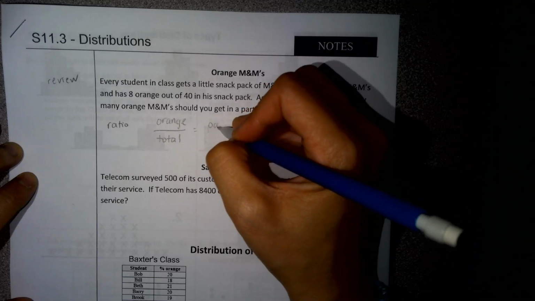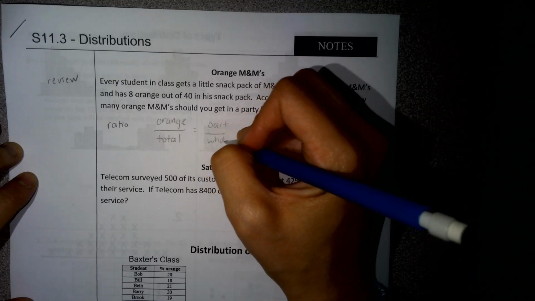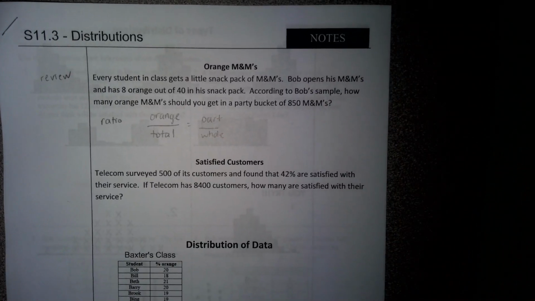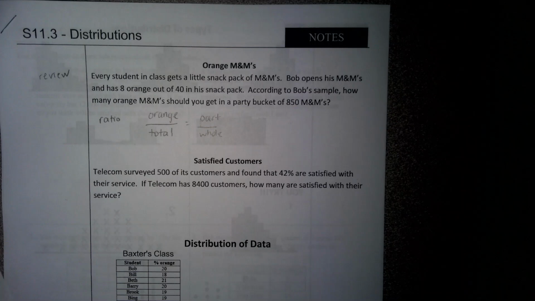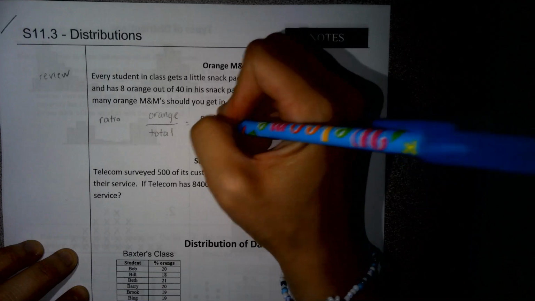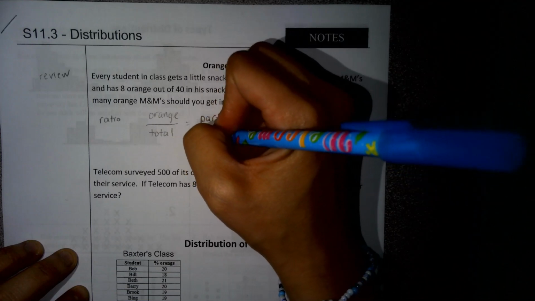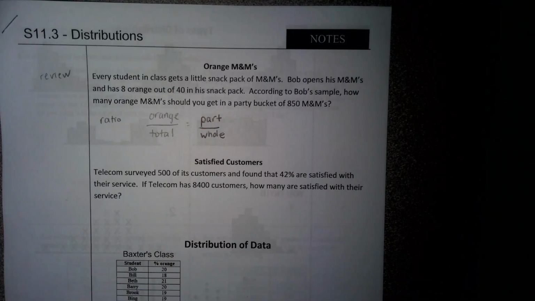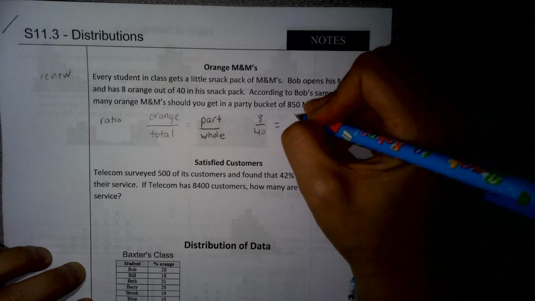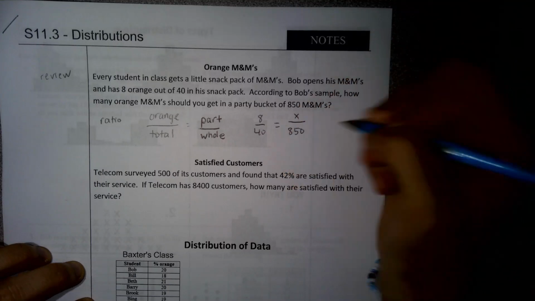equals part over whole. So we've done this before. And let me use a pen. So we're going to have 8 out of 40 equals x out of 850.